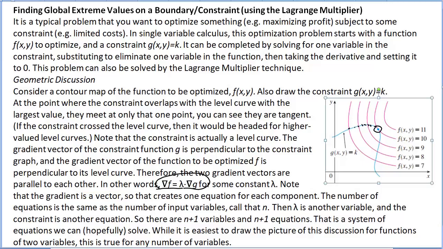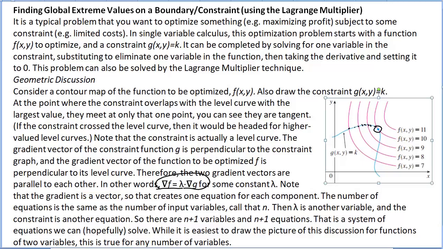So this is actually going to give us a couple of equations. There's going to be one equation for each component. If we have a function of two variables, that's going to give us two components in the gradient, so there'll be two equations. If we have n variables, we'll have n equations. Now, we just introduced some new constant, and we don't know what it is, so that's like a new unknown variable.